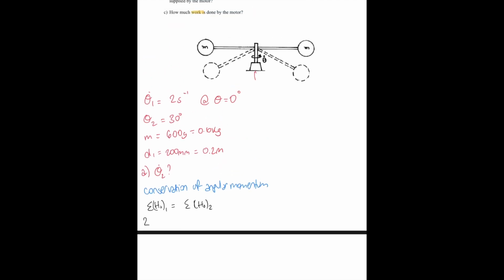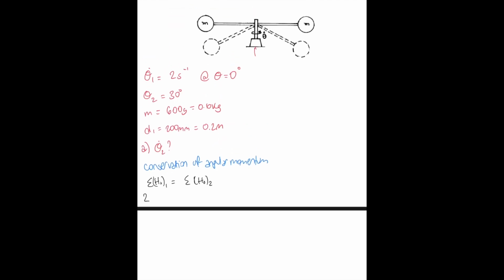We have two masses in the beginning, so 2 m v1 d is going to be equal to 2 m v2 d cosine theta 2, because now it's at an angle of theta.